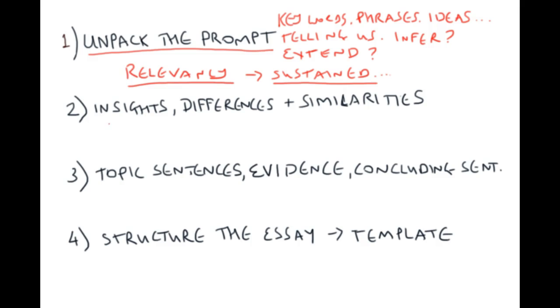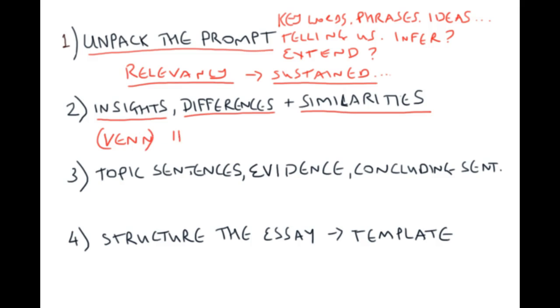The second step is when you start to develop some insights into the two texts in context of the prompt, and we're also looking to start thinking about the similarities and differences between the texts. So, if you want to consider the idea of a Venn diagram, this is the place where we would start to think about it.